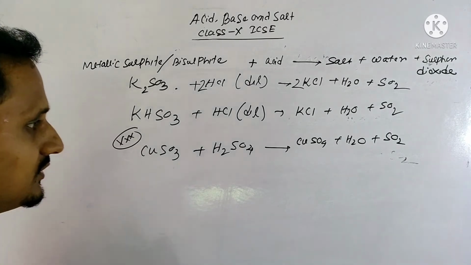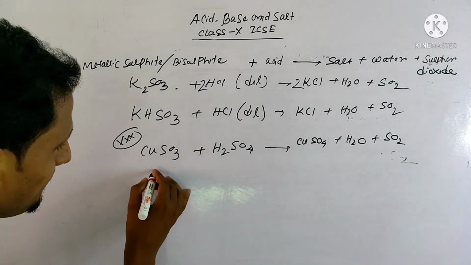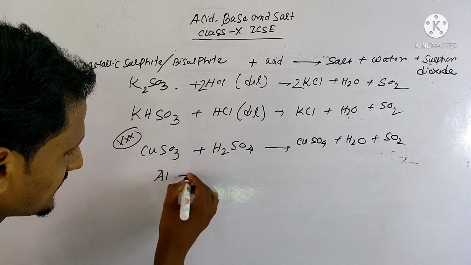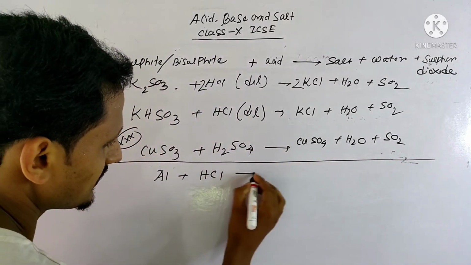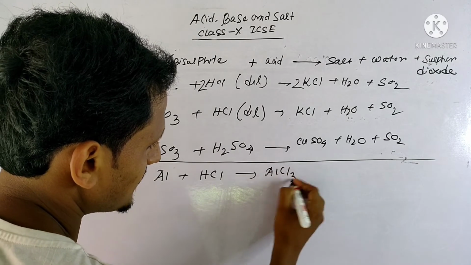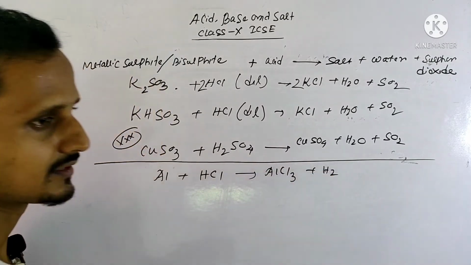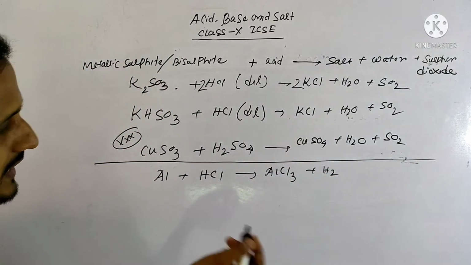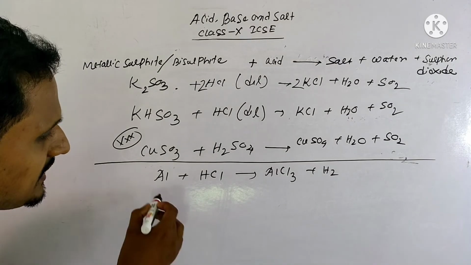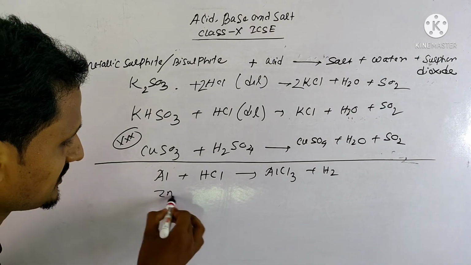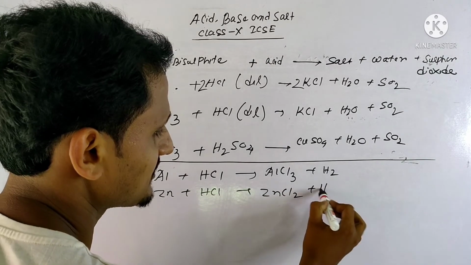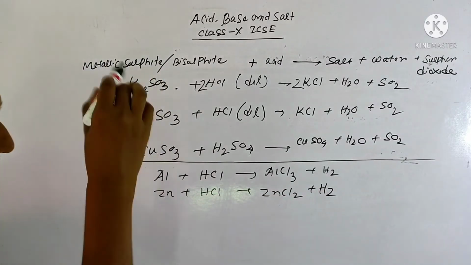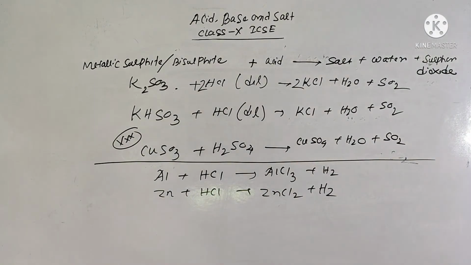That reaction is aluminum reacting with acid; it will form aluminum chloride plus hydrogen. Like this, these reactions are very important. Again, zinc when it reacts with acid will form zinc chloride plus hydrogen. These reactions are important, so first copy down this one.